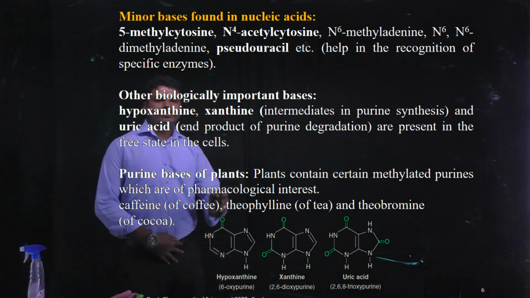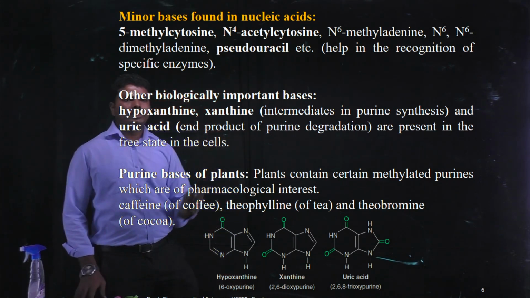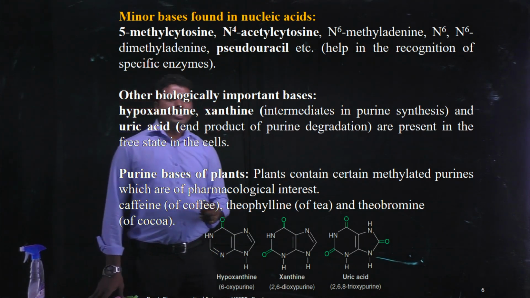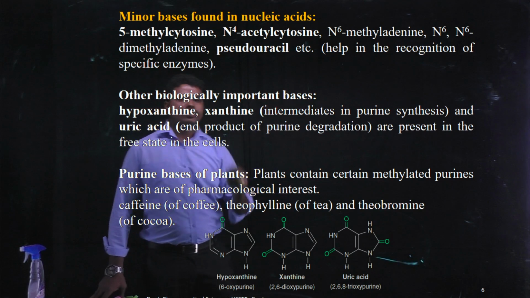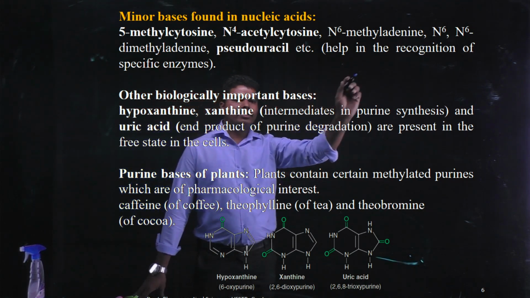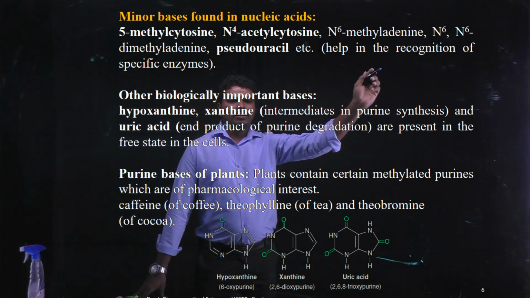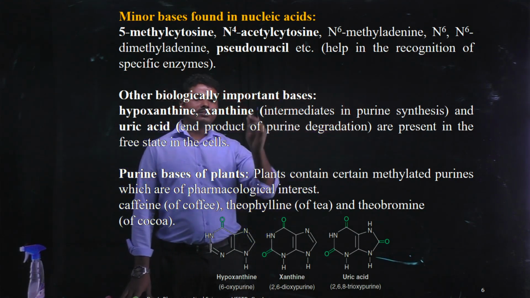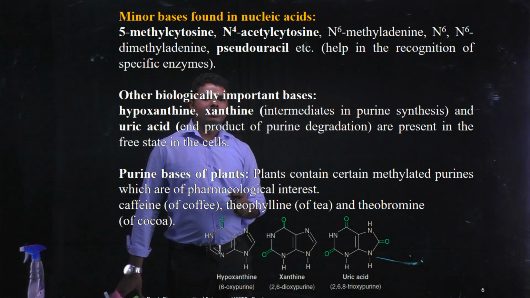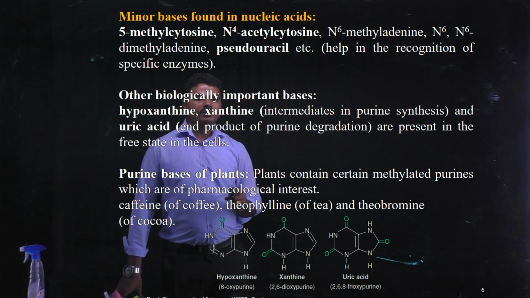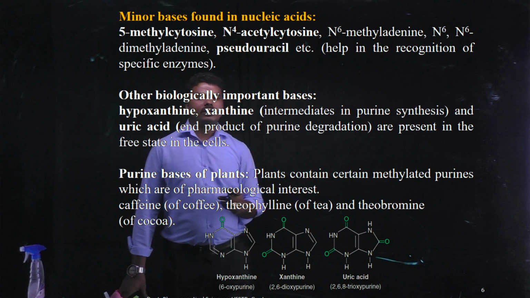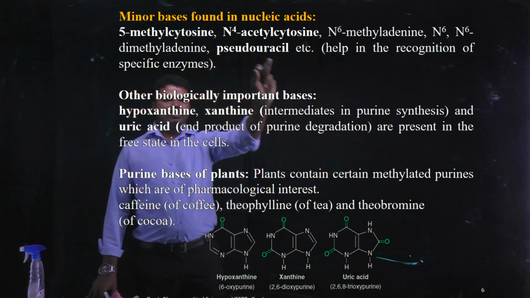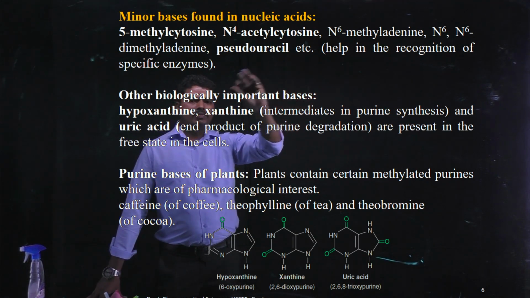Some of the minor bases found in nucleic acids are 5-methyl cytosine, N-acetyl cytosine, N-methyl adenine, N-dimethyl adenine and pseudouracil. These minor bases help in the recognition of specific enzymes. So by identifying these minor bases, we can identify what type of enzyme it is.